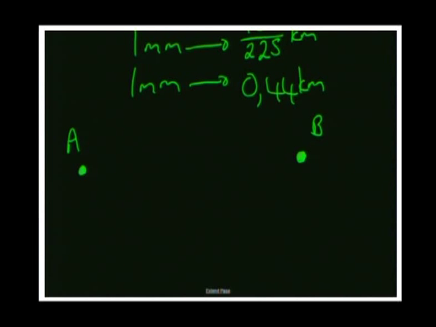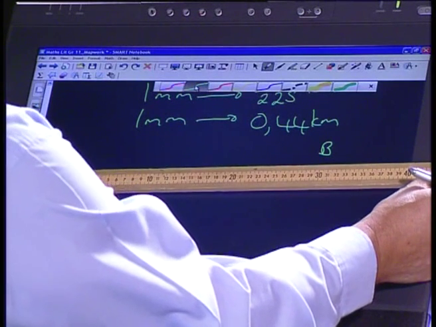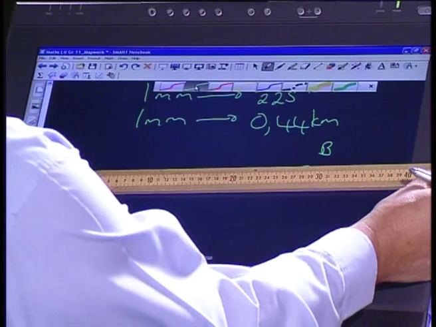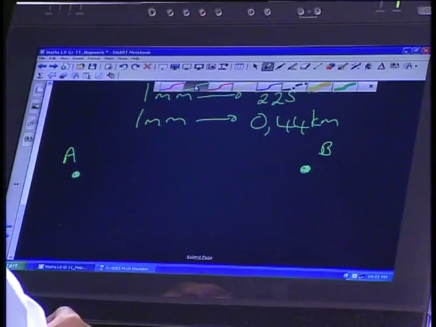But we'll find the center of those dots, and then we're going to measure from the center of the dot to the other center of the dot, and folks, I get round about 275 millimeters. Now, guys, the distance between the towns is not 275 millimeters, but it's represented by 275 millimeters.